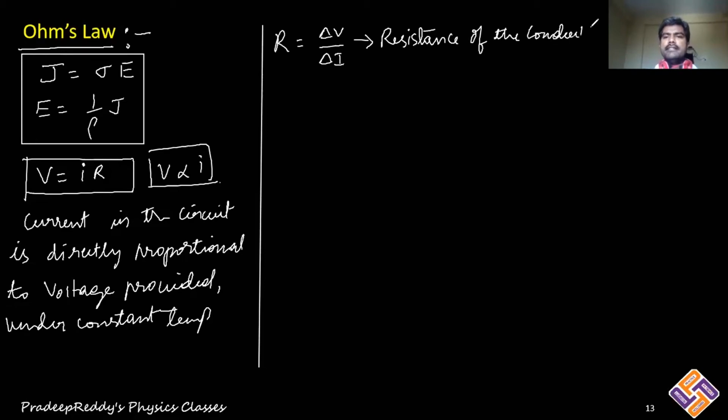And remember, resistance of the conductor varies with length, area, nature of the material, and temperature, which we have already seen in the previous video lecture. R is equal to delta V divided by delta I.